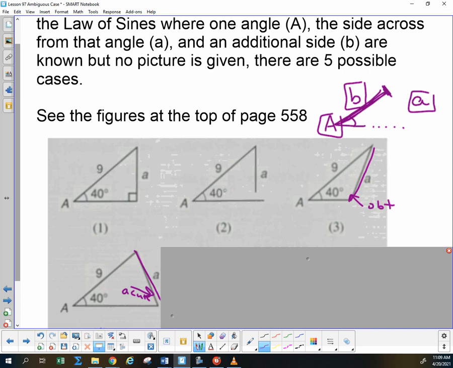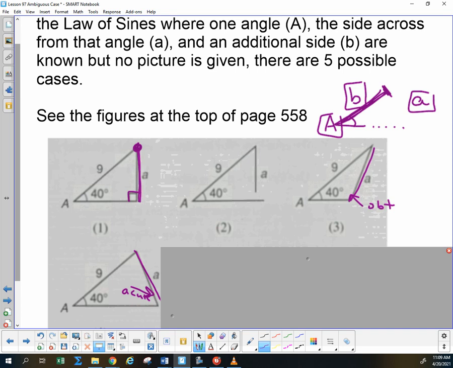The other thing that might happen is we know the shortest distance from the end of this side that we know, for this one it's 9, down to here has to be a certain number long. And we also know that the shortest distance from this point up here at the top to the line down at the bottom is if we come straight down. So the shortest it could be is the same as the height of that triangle.